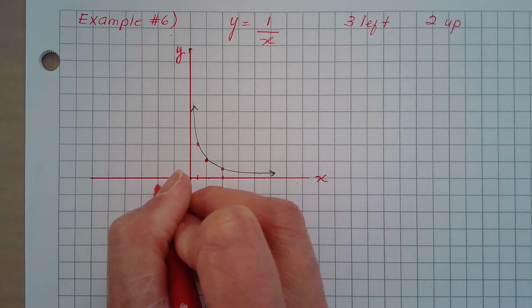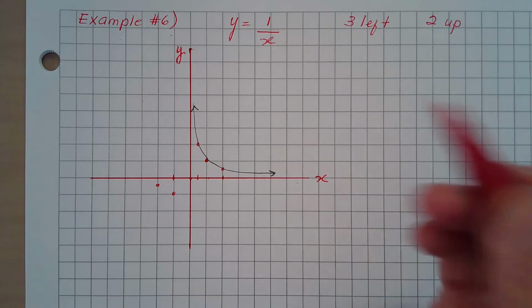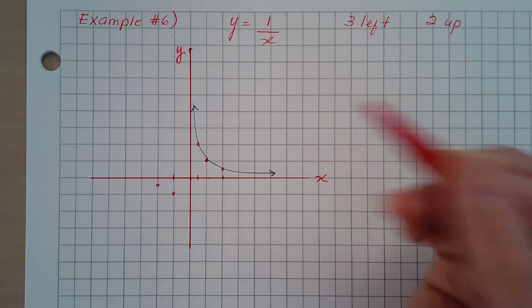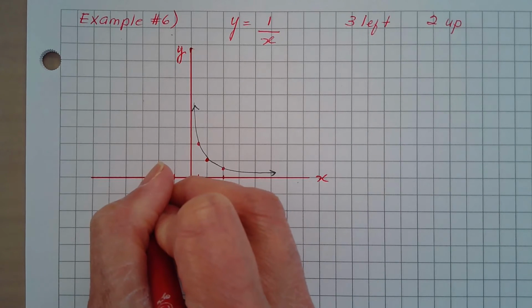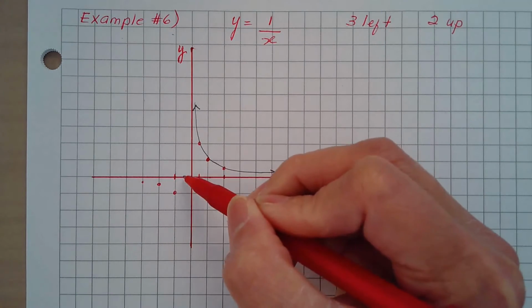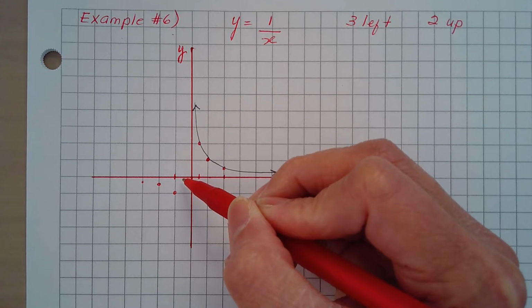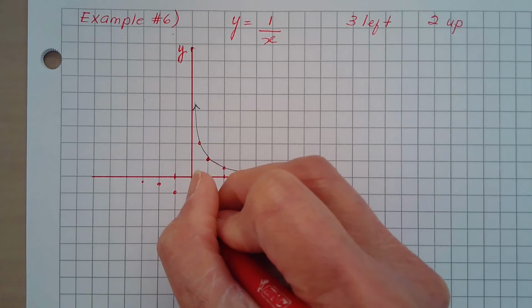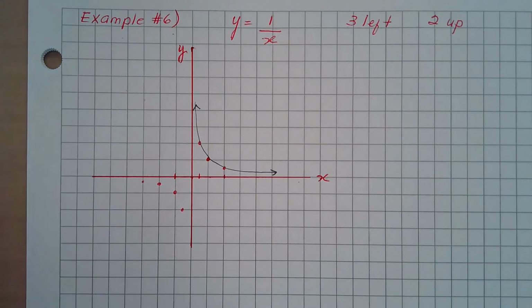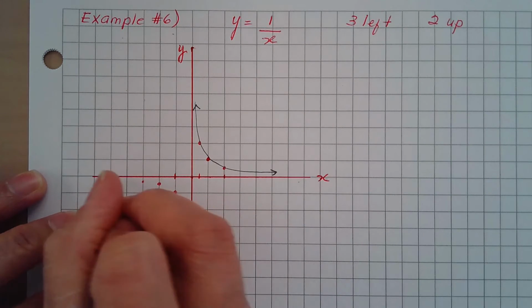Negative a half. Okay. And if it's negative 3, it's going to be negative 1/3. It's going to get smaller. What if it's negative a half? It's going to be negative 2. So this is what that graph looks like.